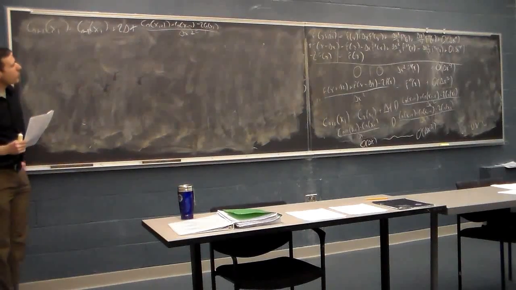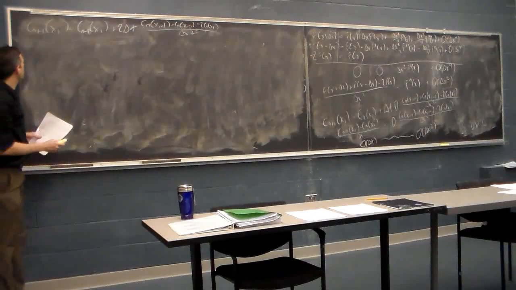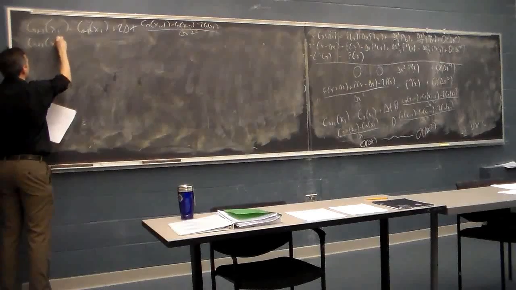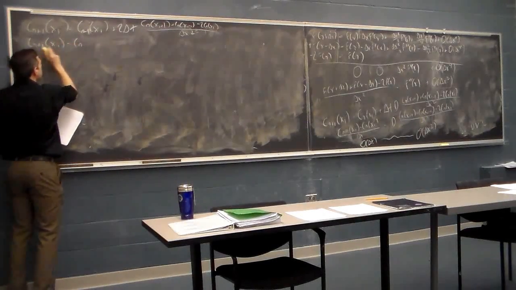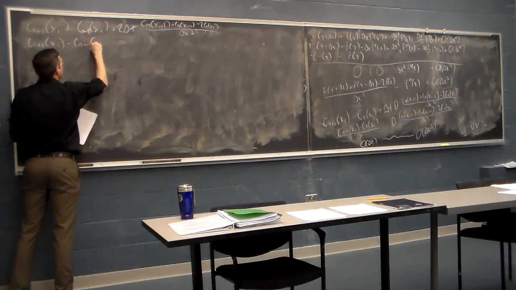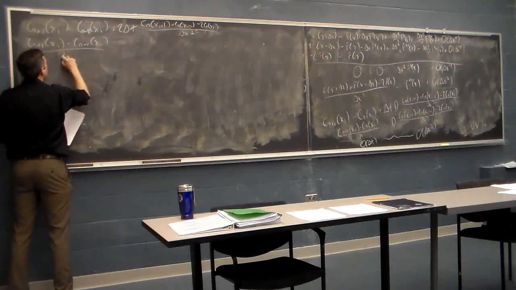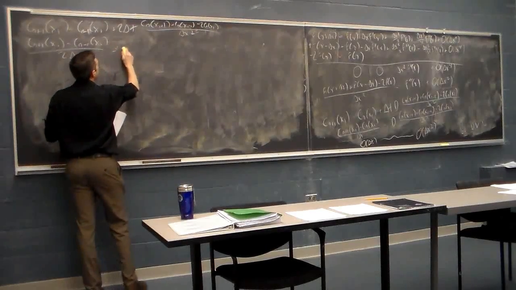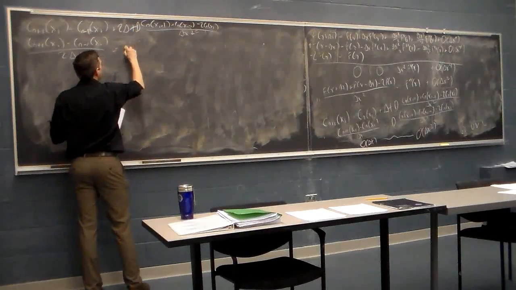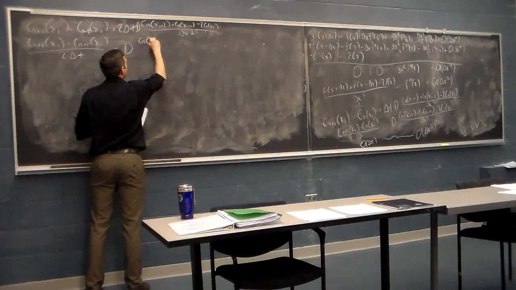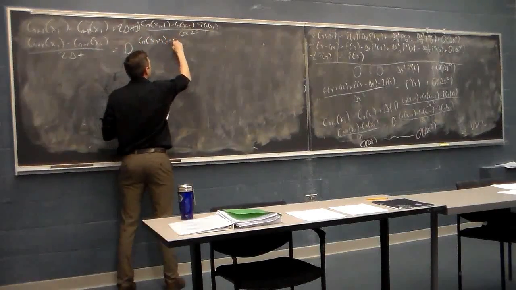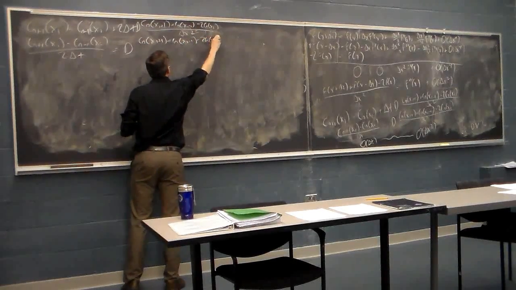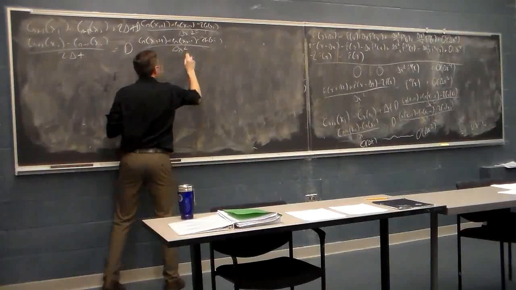And just as I did with the forward Euler iterator, we can rewrite this and move this to the left-hand side, get c sub n xi minus cn plus 1 xi minus cn minus 1 xi over 2 delta t is equal to, I guess I left out a d here, diffusion constant times cn xi plus 1 plus cn xi minus 1 minus 2cn xi over delta x squared.